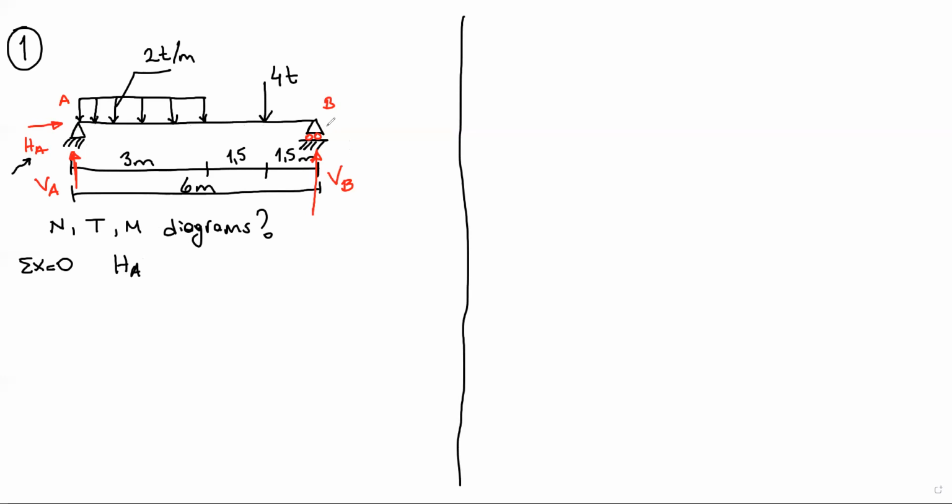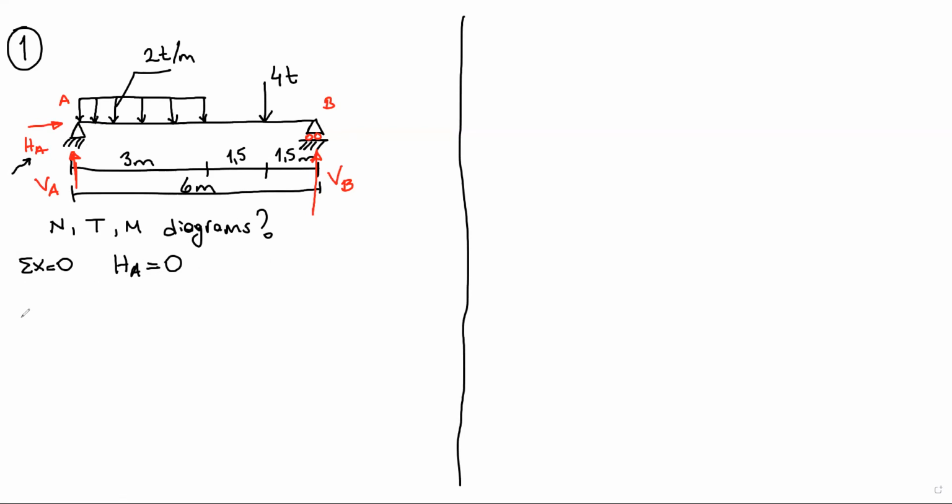No, there is no any more loads on the structural system. That means HA equals 0. So there is no horizontal support reaction for this system, for this loading condition actually. Okay. If I change the load condition, there may be a horizontal support reaction.